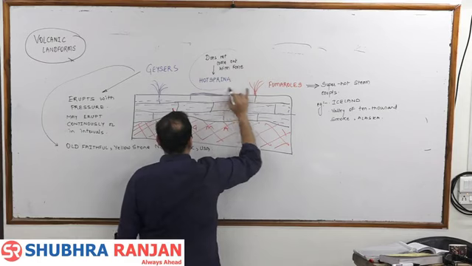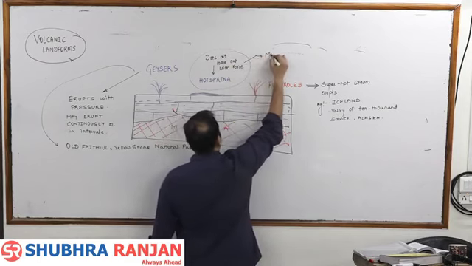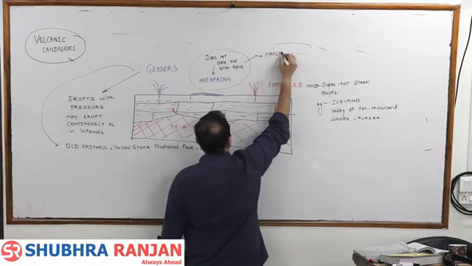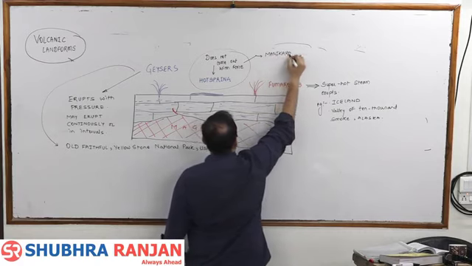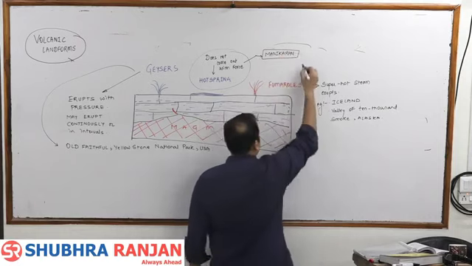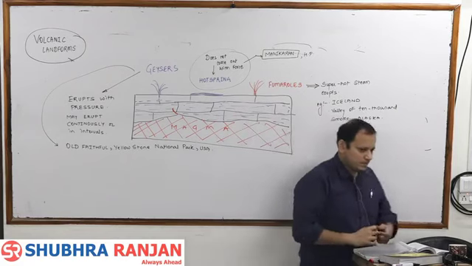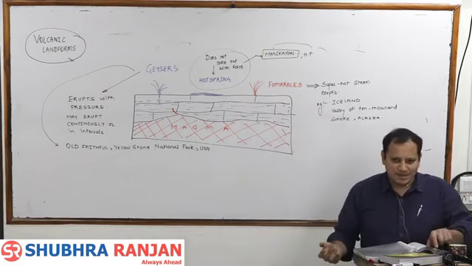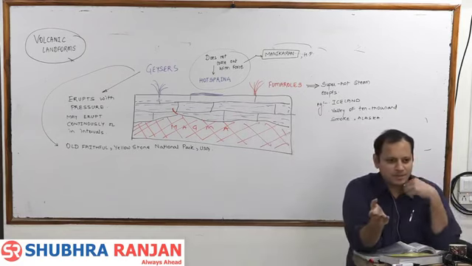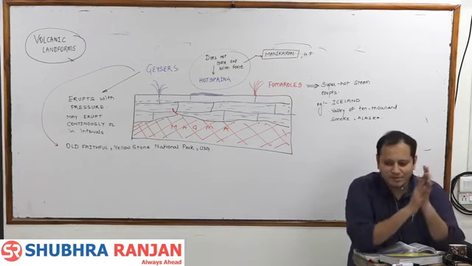These are very very common. Rajgir, Bihar. Those who are from Bombay, they must be knowing a place known as Vajreshwari. So all these are examples of hot springs.